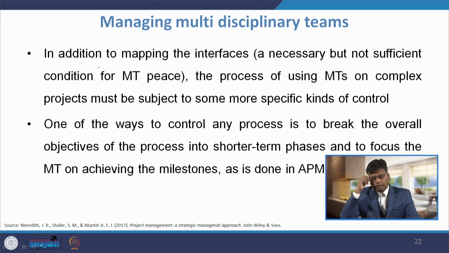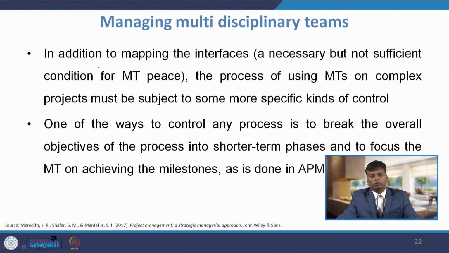In agile project management, a bigger task is split into small tasks and we focus on each task. As soon as each task is achieved, we get feedback and see whether it is really meeting the customer requirement.